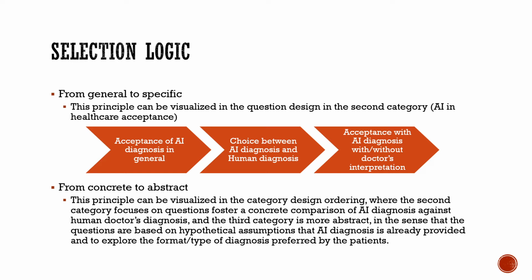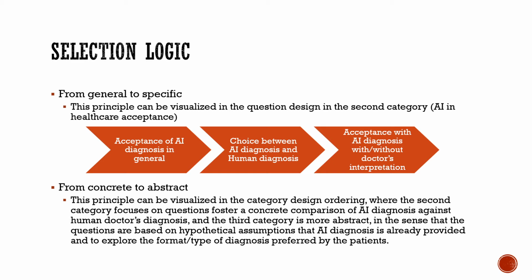This principle can be visualized in the category design ordering, where the second category focuses on questions that foster a concrete comparison of AI diagnosis against human doctors' diagnosis. And the third category is more abstract, in the sense that the questions are based on hypothetical assumptions that AI diagnosis is already provided, to explore the format or type of diagnosis preferred by the patients.